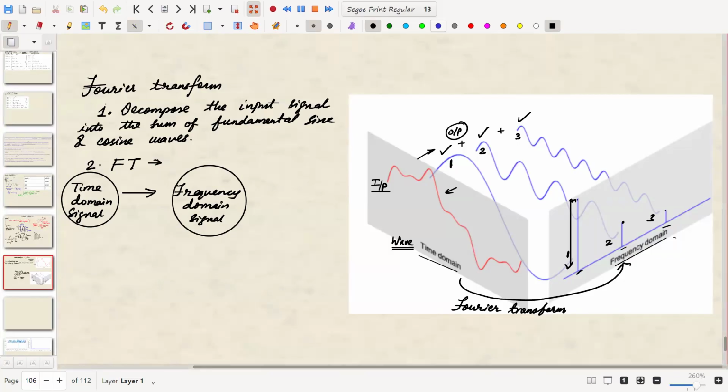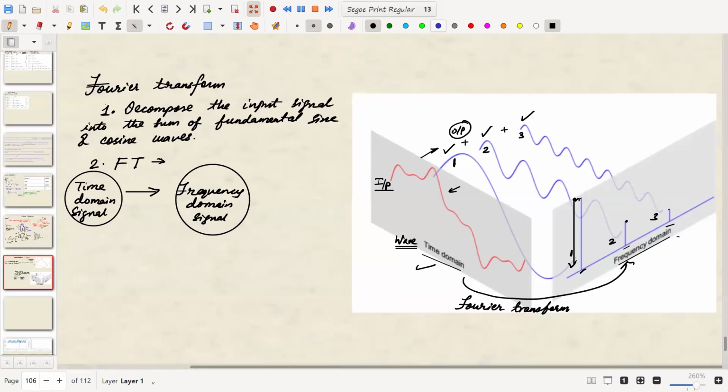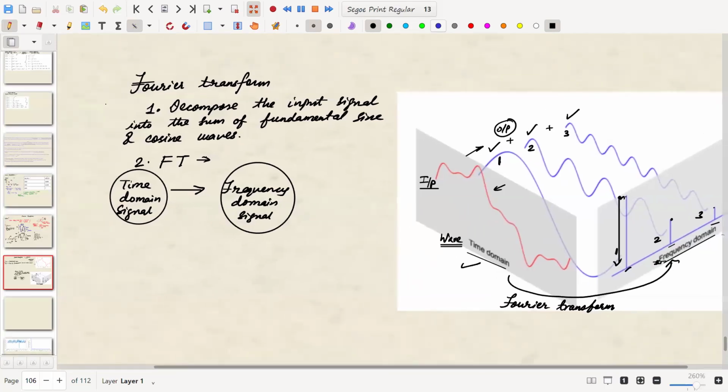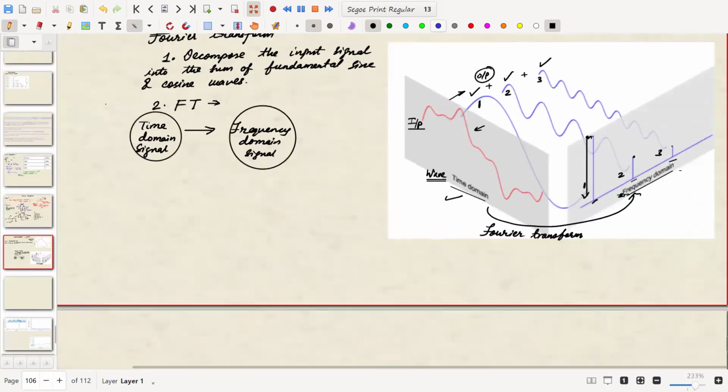So that's the job of Fourier transform, and you can see that here it is time domain and here it is frequency domain. So this is the job of Fourier transform. I hope it was clear.